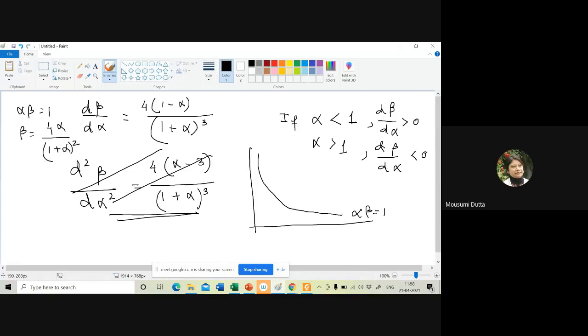Can you tell me when the two lines will intersect each other? Ma'am, when alpha is equal to 1. And beta is equal to? When alpha is equal to 1, then beta is equal to 1. Okay, so at the coordinate (1, 1), the curves will intersect each other. So I'm marking the point.